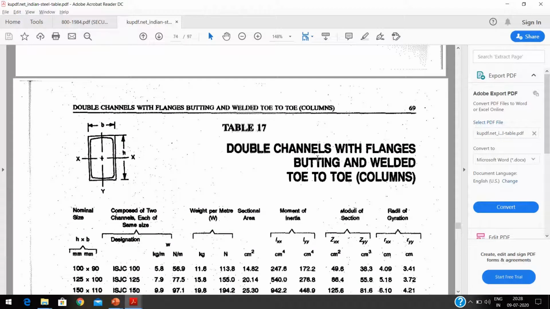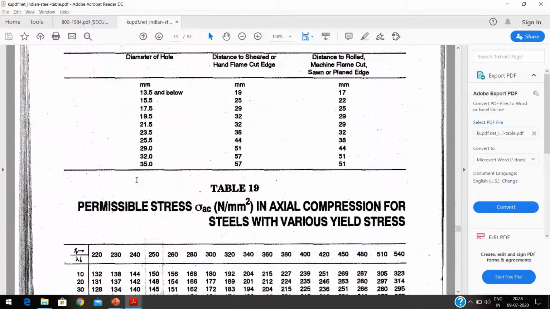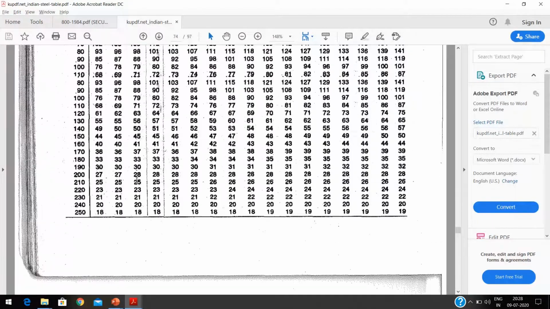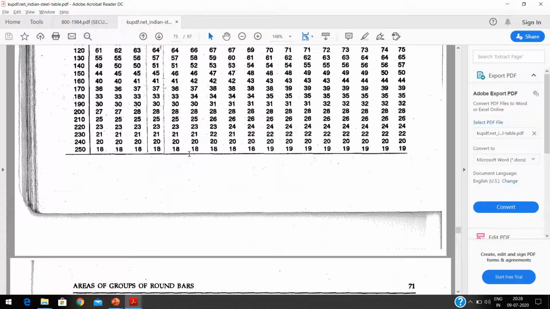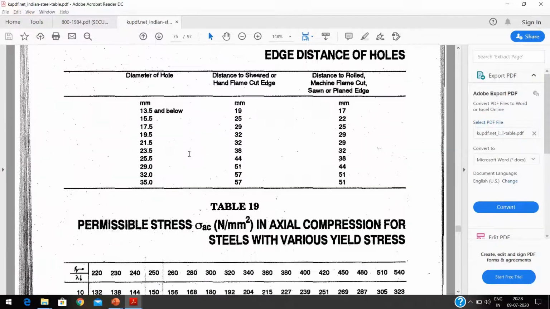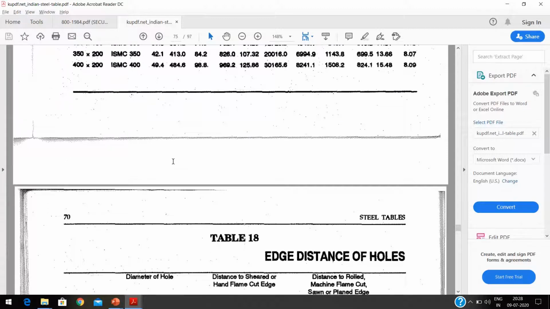This is the both channels with the flanges butting or welded toe to toe, that is, here these are connected. This is again the table number 5.1, which is also given in the steel table. And even the edge distance has also been given.